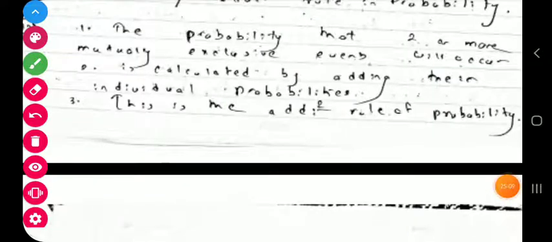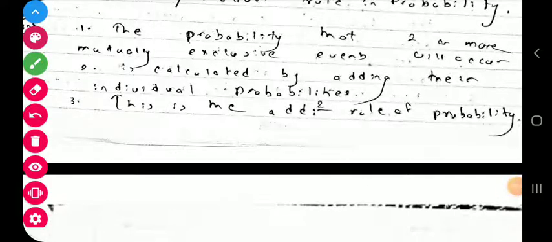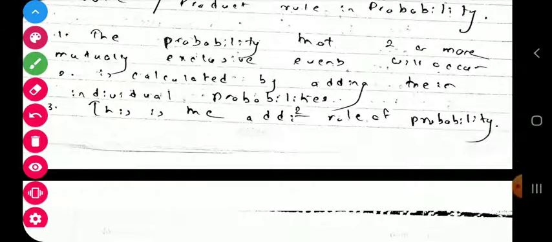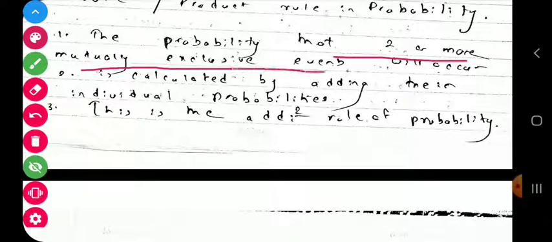What's the next definition? Addition rule of probability. The probability that two or more mutually exclusive events will occur is calculated by adding their individual probabilities.